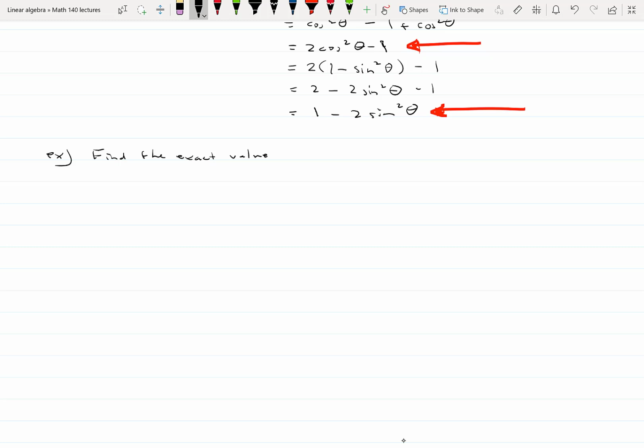Find the exact value of the cosine of 2 theta and something we don't have a formula written for yet, tangent of 2 theta, if, let's say, the cosine of theta is negative 2/3, and theta is between pi over 2 and pi, so that puts theta in quadrant 2.